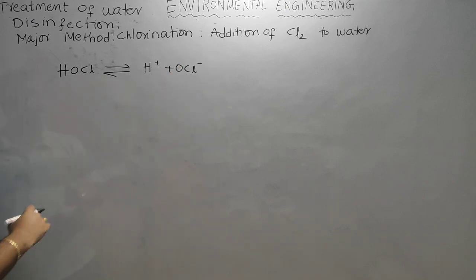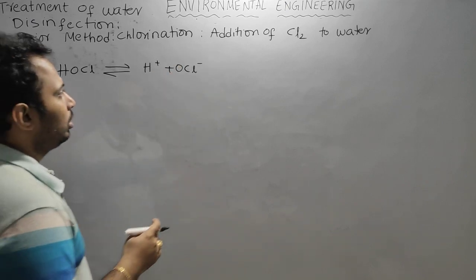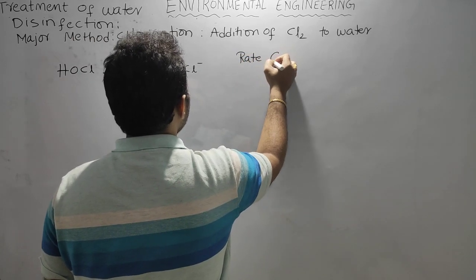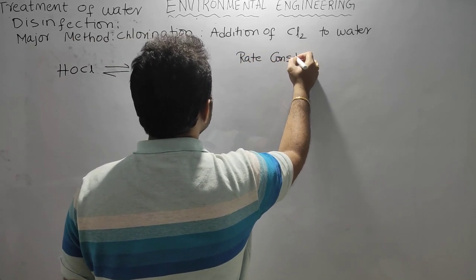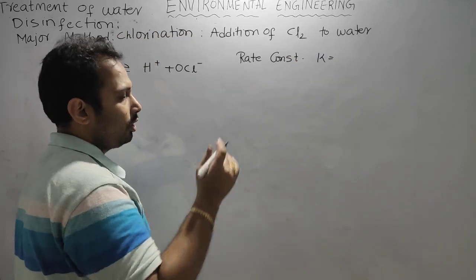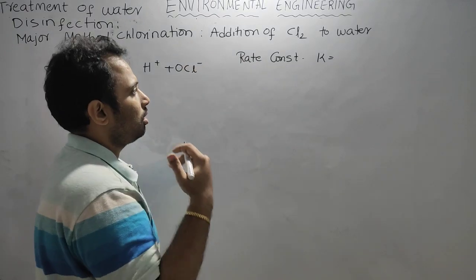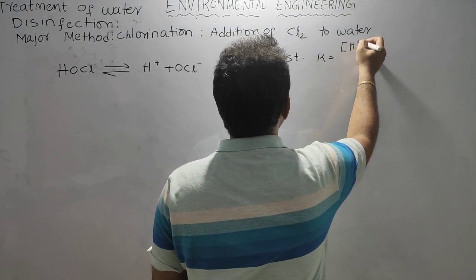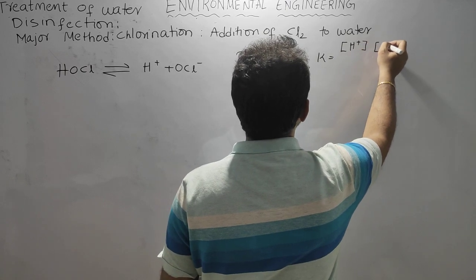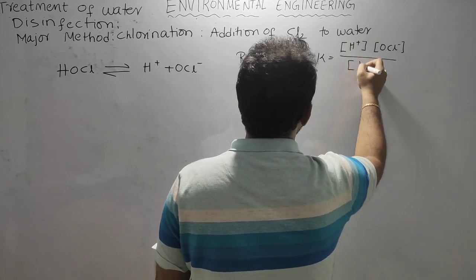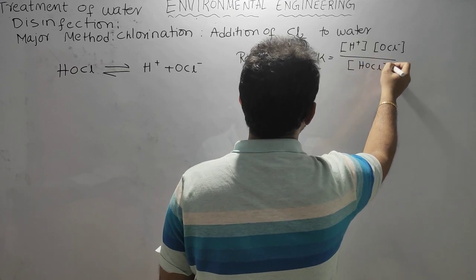For this reaction there will be a rate constant K, which is the concentration of products by the concentration of reactants. So the concentration of products, H plus ion and OCl minus, by the concentration of the reactant, HOCl.